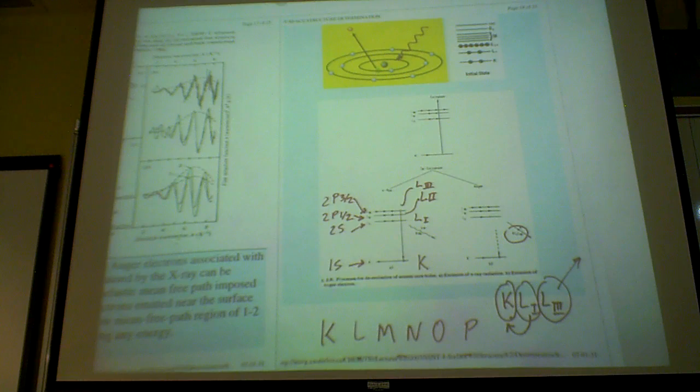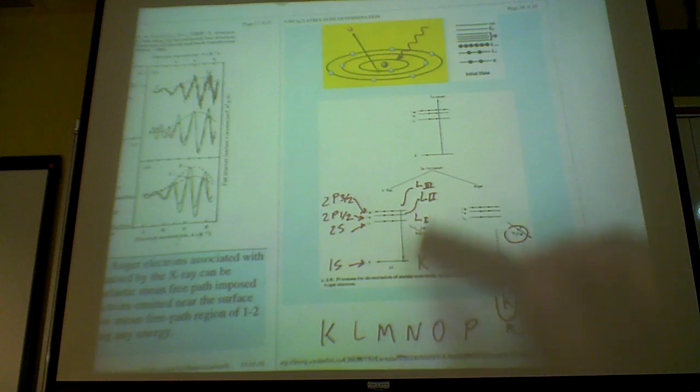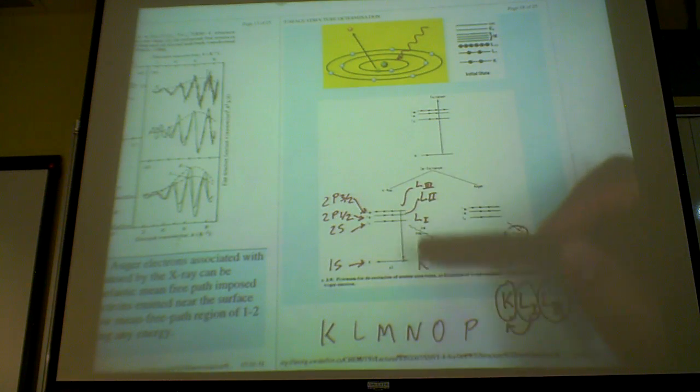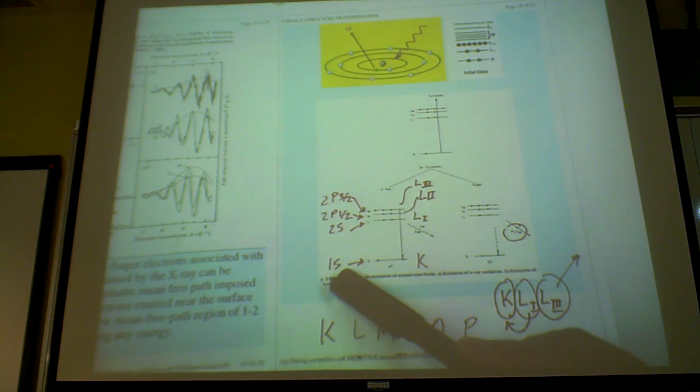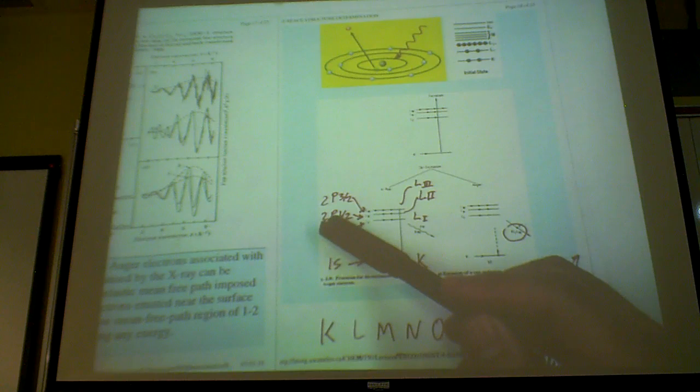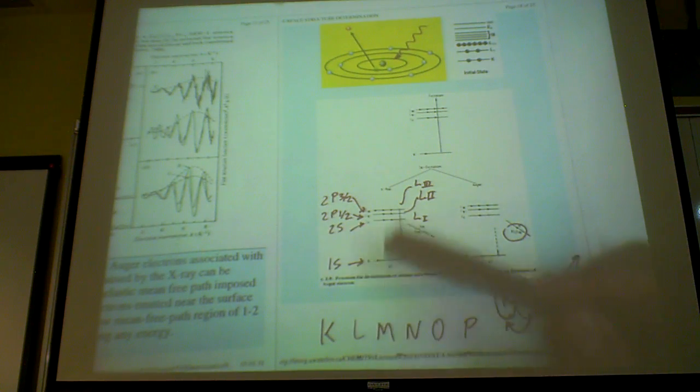Now, the physicists don't use the electronic configuration, so instead of calling it 1s, 2s, 2p, they just call it K, L, M. So in the notation for Auger electrons, K is for 1s electron, and L is anything with n equal 2, M is n equal 3.